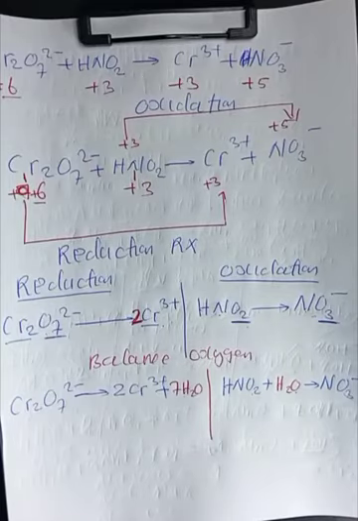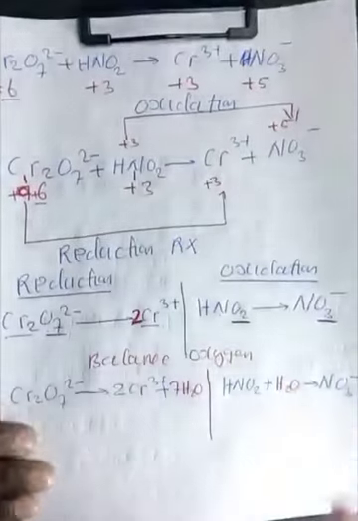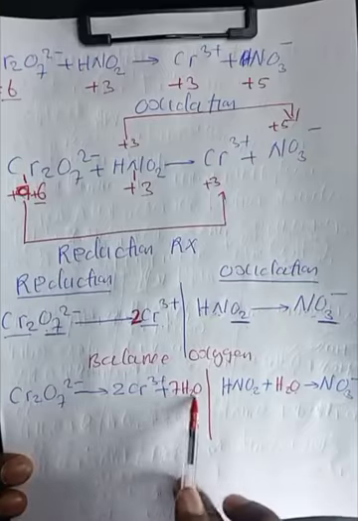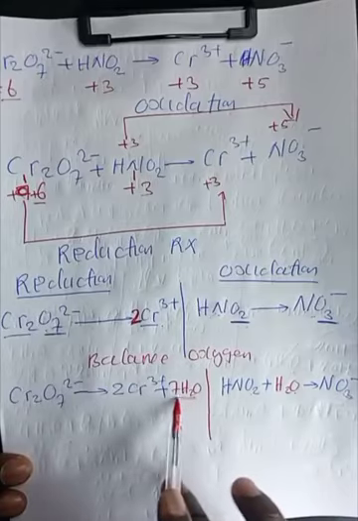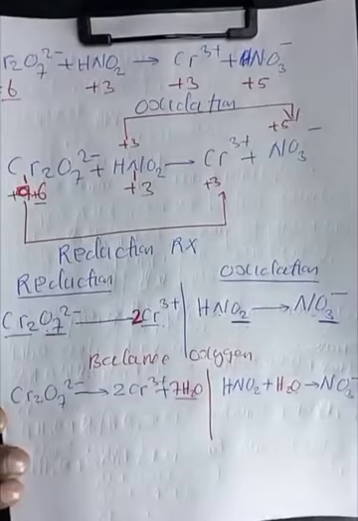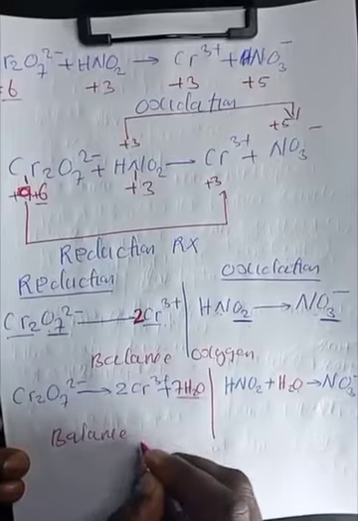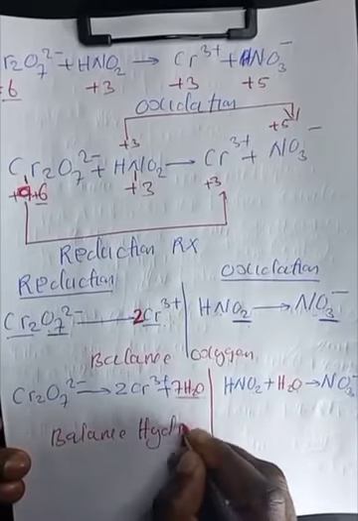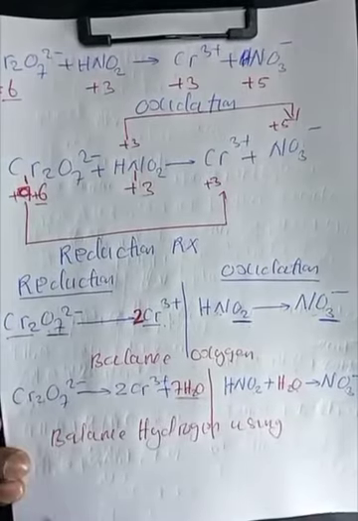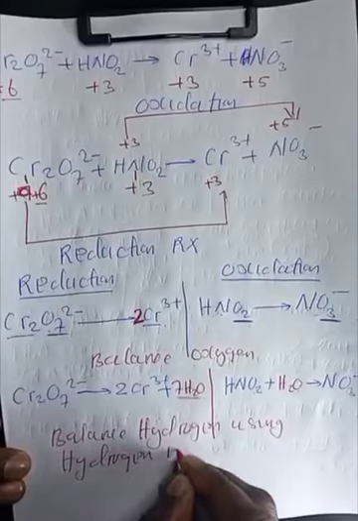After balancing oxygen, now we have to balance hydrogen. In balancing oxygen, we created the problem of introducing hydrogen, which wasn't there, so we need to balance it. We balance hydrogen using hydrogen ion.